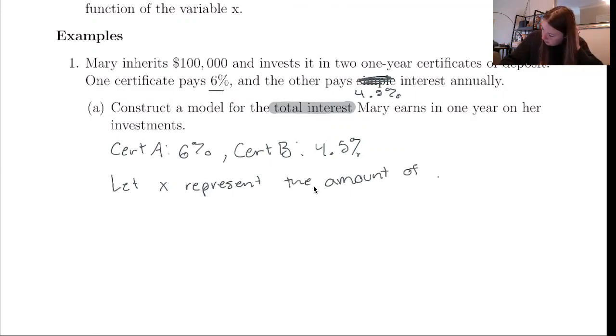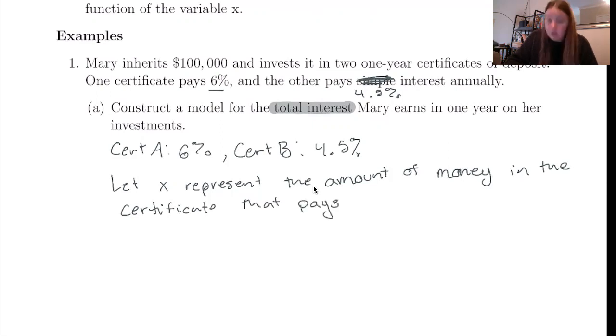of money in the certificate that pays 6%. It doesn't have to be this one. It could be the 4.5% one.